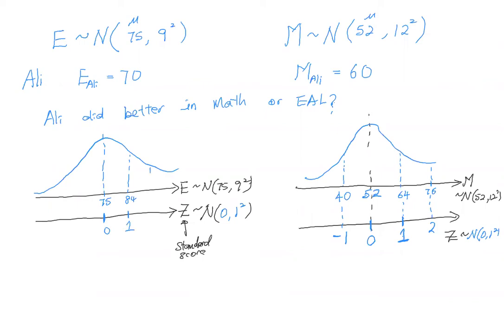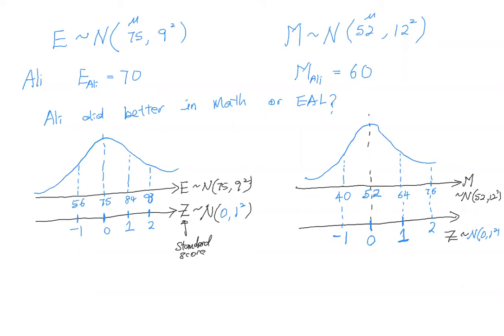If your score is 93, then your standard score will be 2. 84 plus 9 is 93. If your English score is 75 minus 9, 66, then your standard score will be -1.